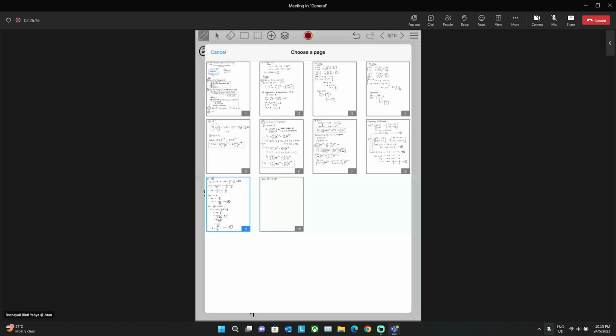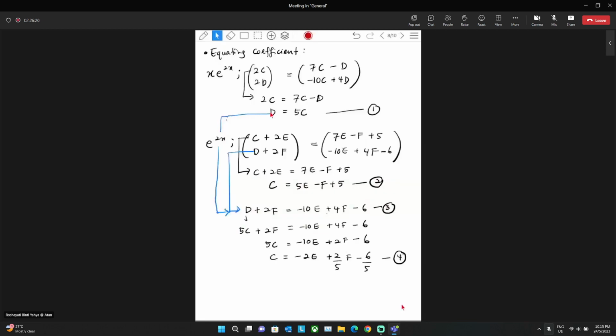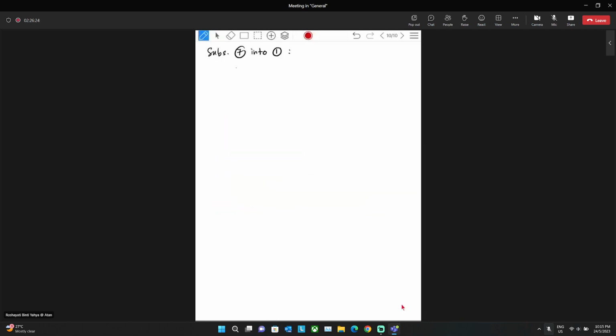Because D equal to 5C. So D equal to 5C, and C just now is 4 over 7. You get 20 over 7. This is equation number 8.